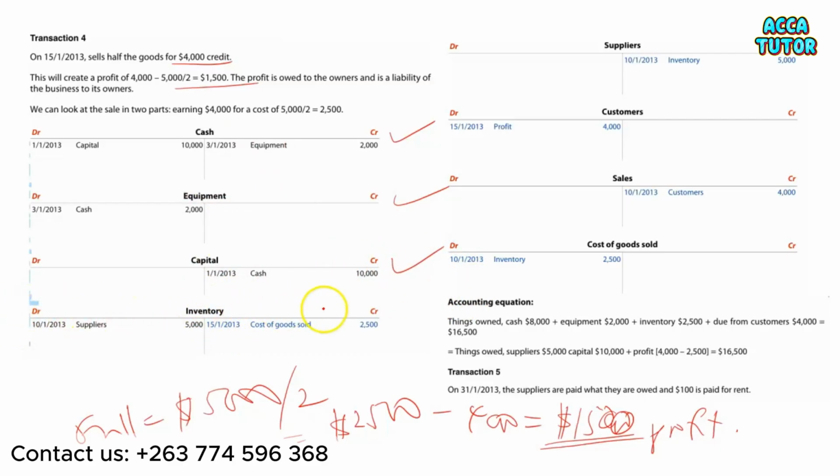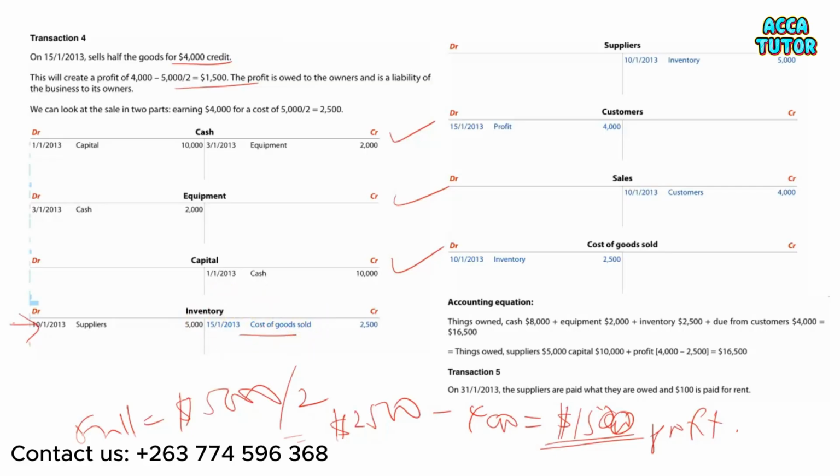Now, of interest is the inventory. Initially, the inventory had this entry when we bought the goods from the suppliers: a debit of $5,000. However, the inventory has been reduced by crediting the cost of sales, the cost of goods sold.